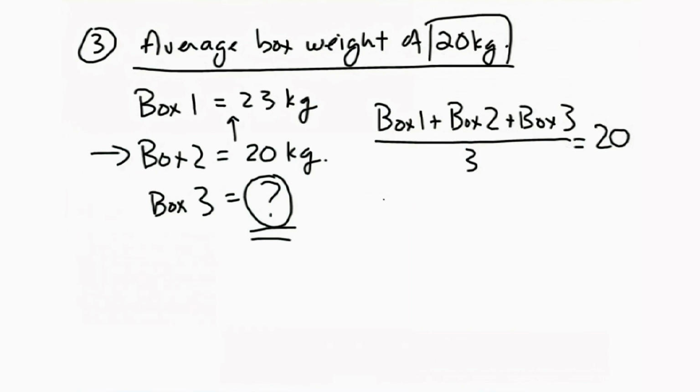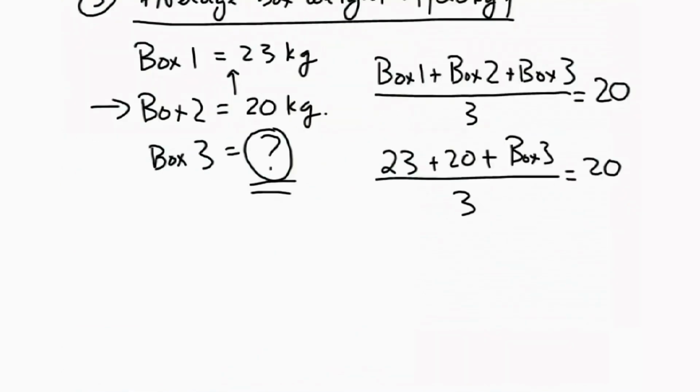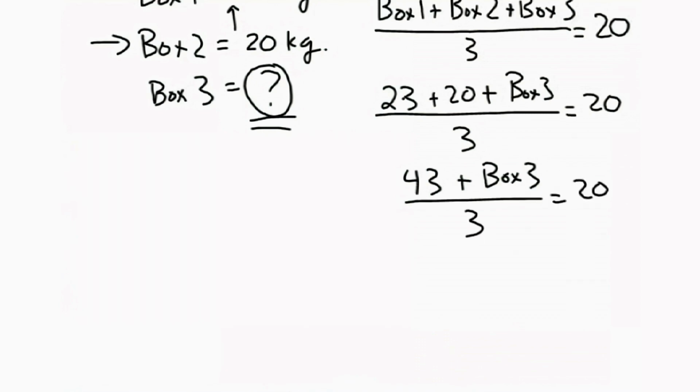Okay, well, let's see. Box 1 is 23 kilograms. Oops, I said I was going to eliminate the units. Box 1 is 23 plus box 2 is 20, plus box 3, which we don't know, all divided by 3 is equal to 20. And so now we can simplify this, and we can say that 20 plus 23 is 43. 43 plus box 3, all divided by 3, is equal to 20.